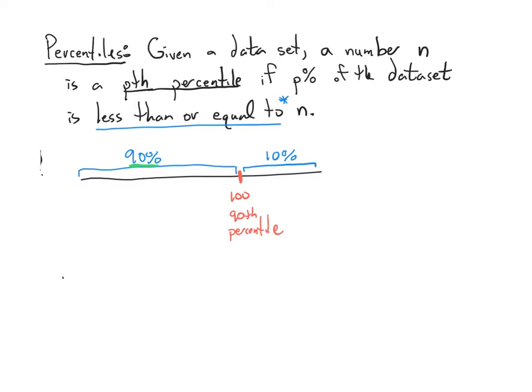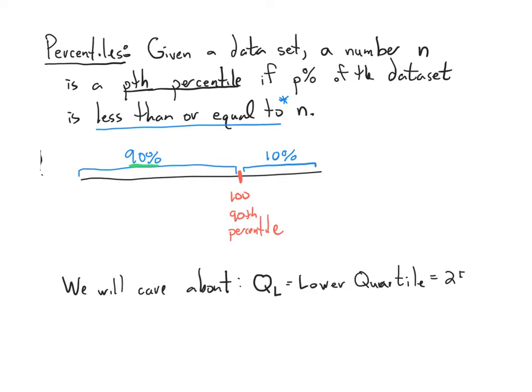The ones we're going to care about are the following. We're going to call it the lower quartile, which I'll write in words and explain as a percentile. Quartile has something like the word quarter in it, so we're going to divide things into 4s. The lower quartile is the 25th percentile. We care about the median.